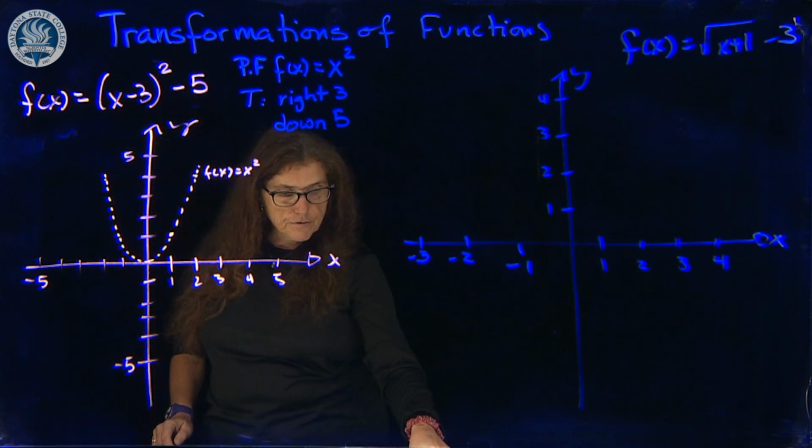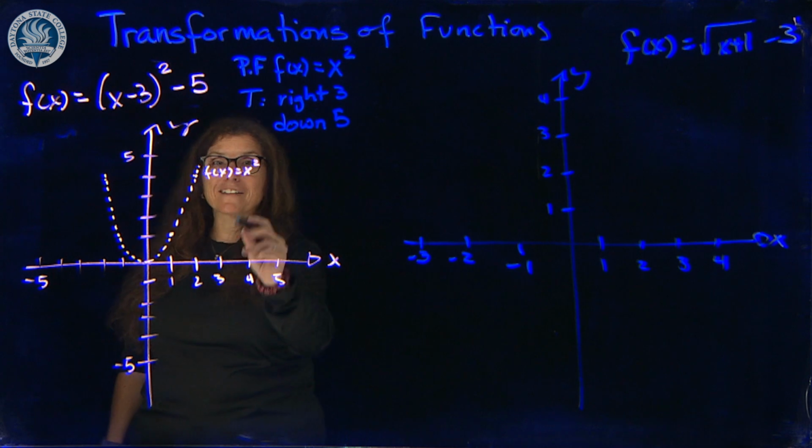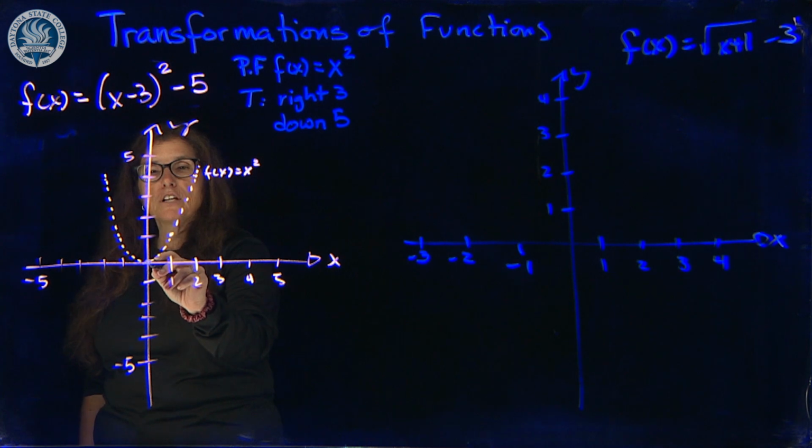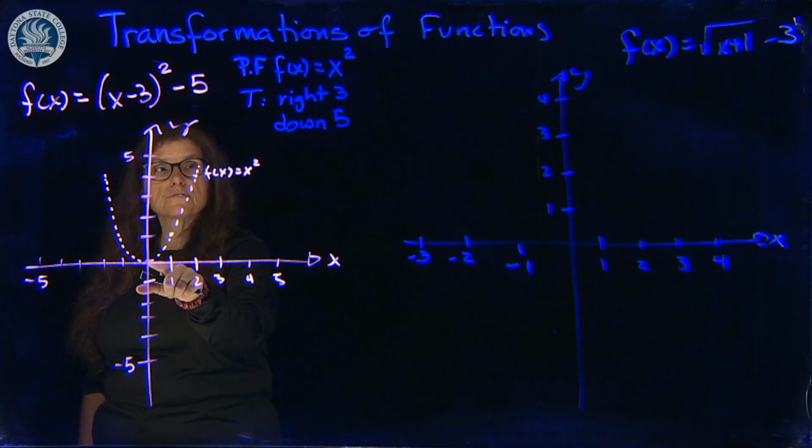My point of reference, especially for the square function, is my vertex, my lowest point, which for the parent function is (0, 0).